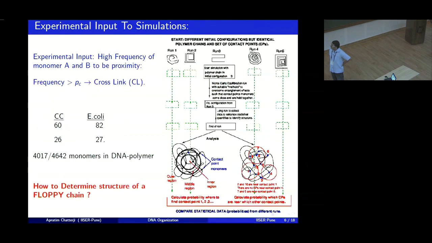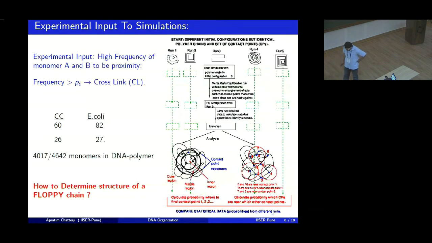For Caulobacter crescentus, by choosing different thresholds, I can have either 60 cross-links or 26 cross-links. For the E. coli, by using a similar threshold, I can have either 82 cross-links or 27 cross-links. And the number of monomers for CC and E. coli are 4,000 and 4,600. So I'm really talking about 1% to 1.5%.